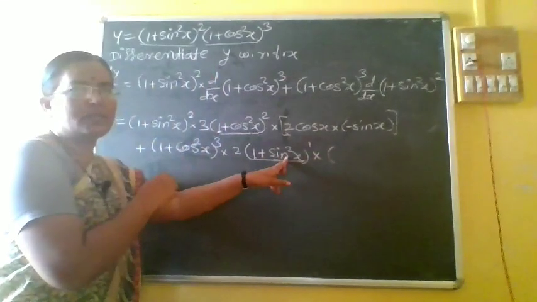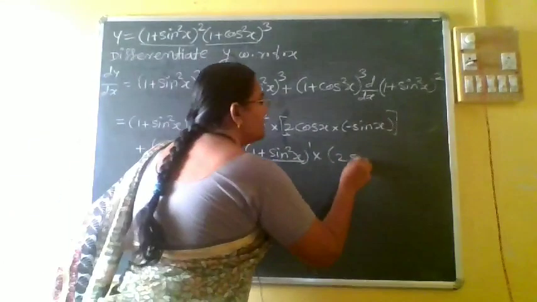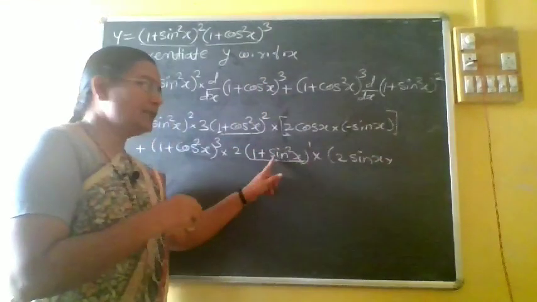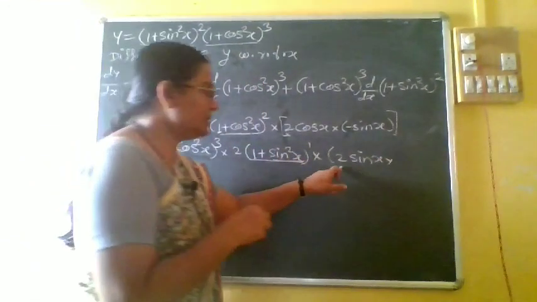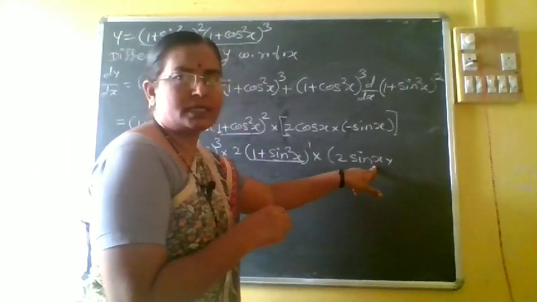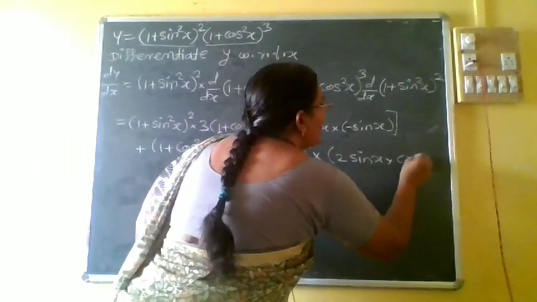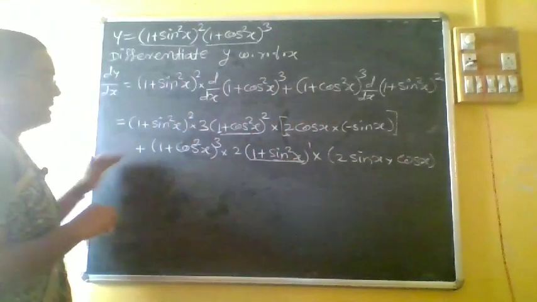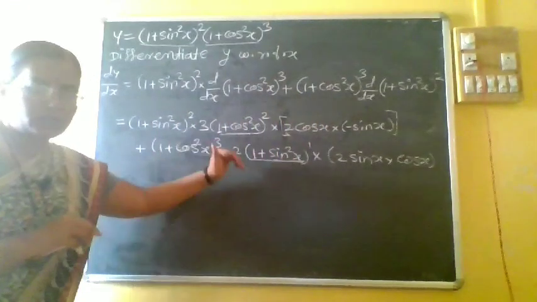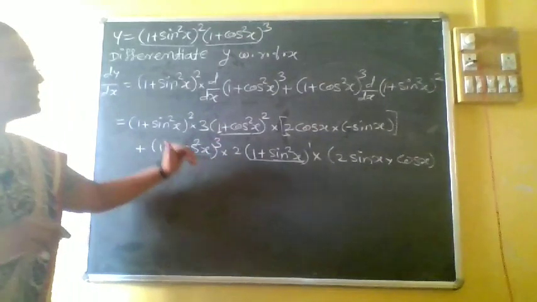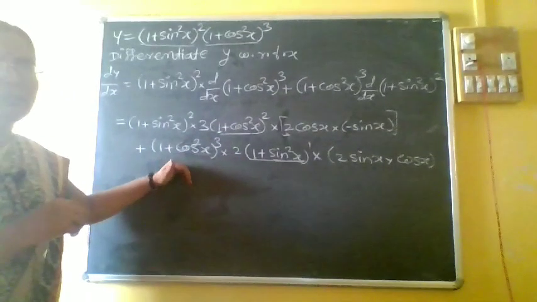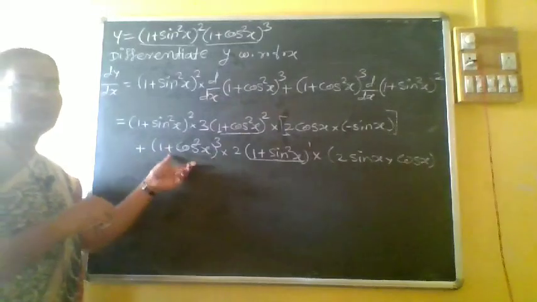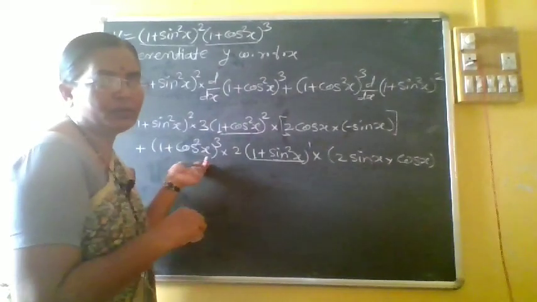What is the derivative of sin square x? It is 2 sin x into the derivative of sin x, that is cos x. Again, this is a function of a function, a composite function, and in the last lecture we saw how to differentiate the composite function.